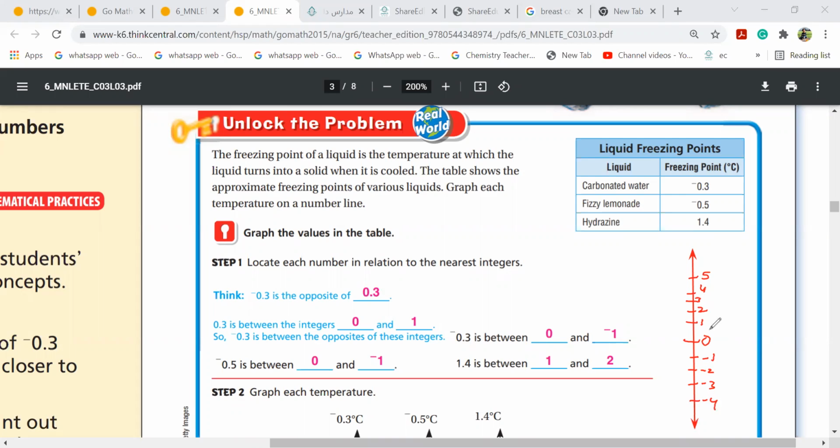Above 0 is positive, below 0 is negative. Will you remember this, girls?